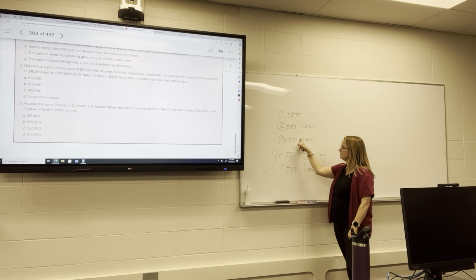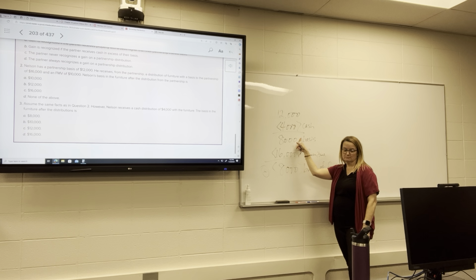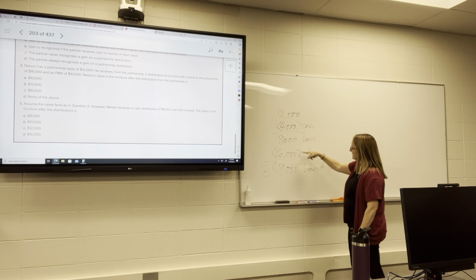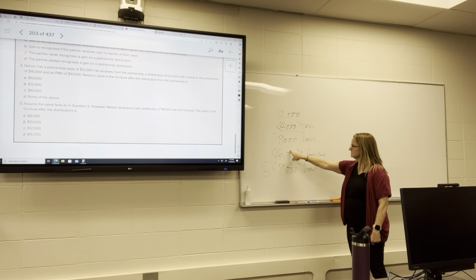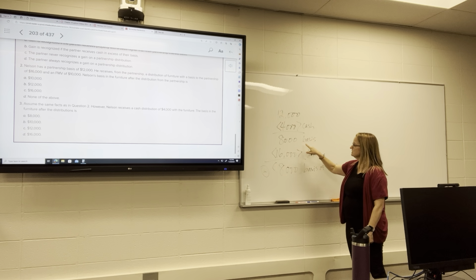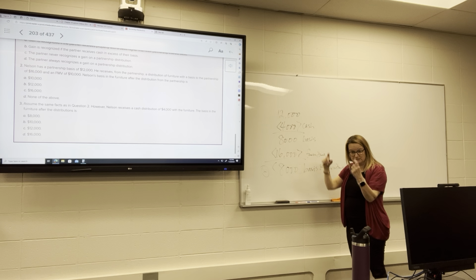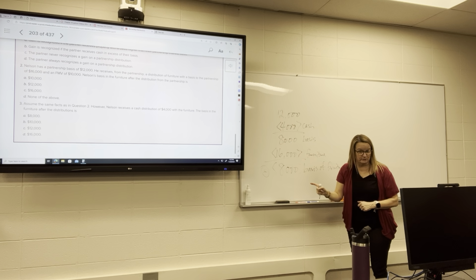That's more than what his basis is, right? His basis right now is $8,000. This furniture has a basis of $16,000. So $8,000 of this $16,000 is going to reduce his basis further down to 0 in the partnership.